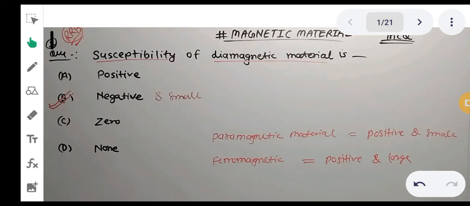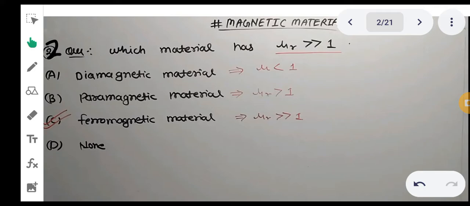Question two. Which material has a UR greater than 1? So a diamagnetic material is having the UR to be less than 1, and the paramagnetic material too is having a UR greater than 1.